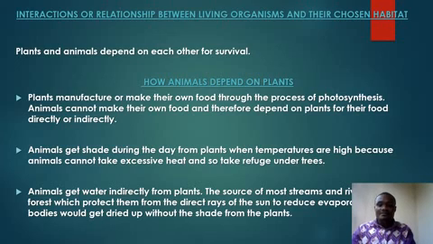Again, plants give us shade in the afternoon during the day when temperatures become very high. We seek refuge under trees because they provide us shade and give us what? Cool winds to relax our bodies because of the excessive heat which we cannot contain.